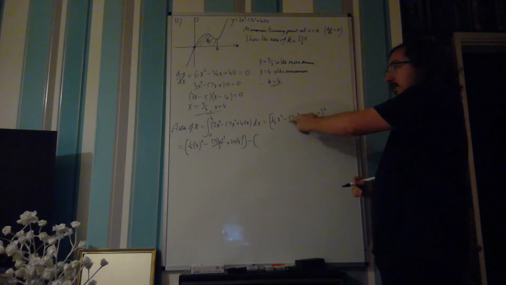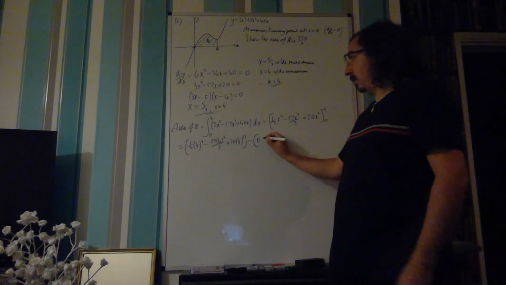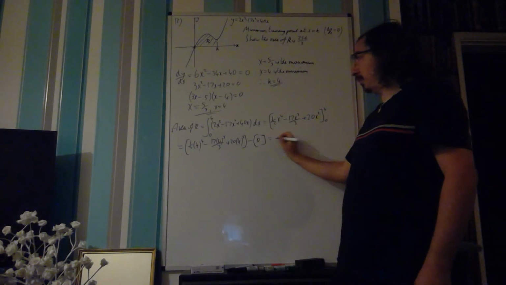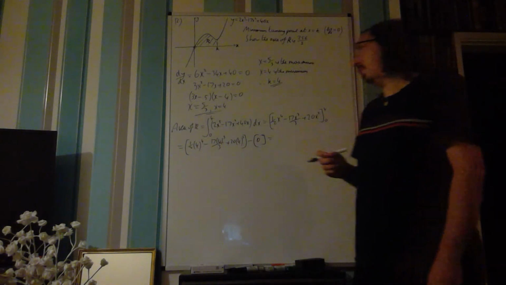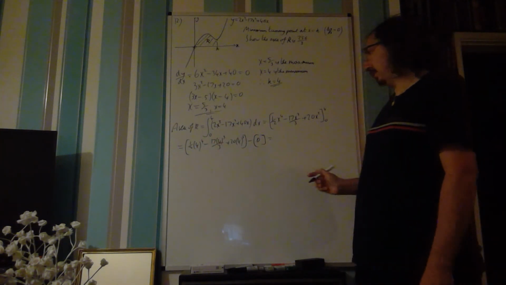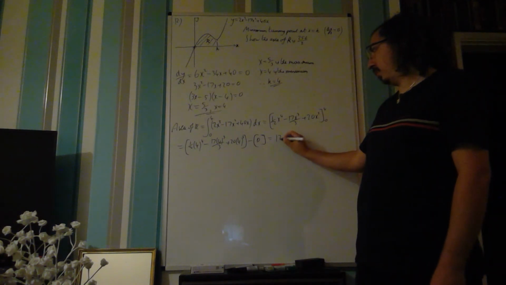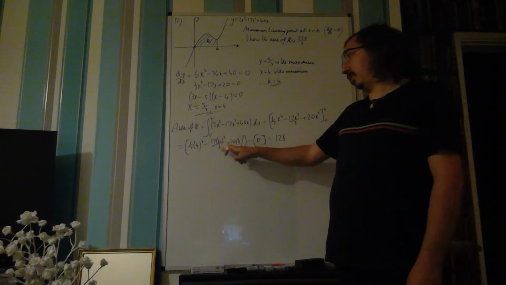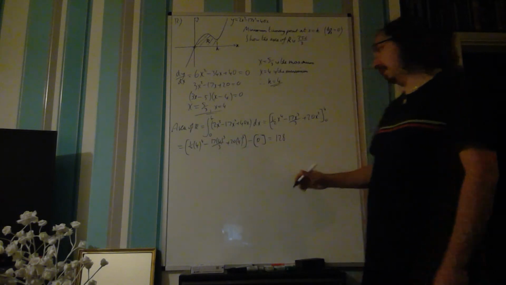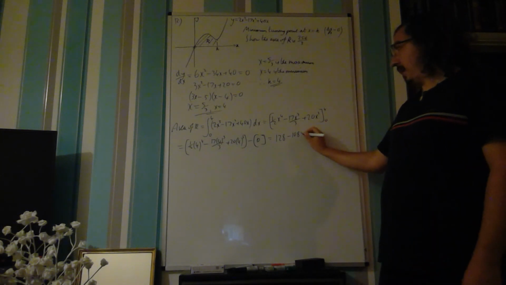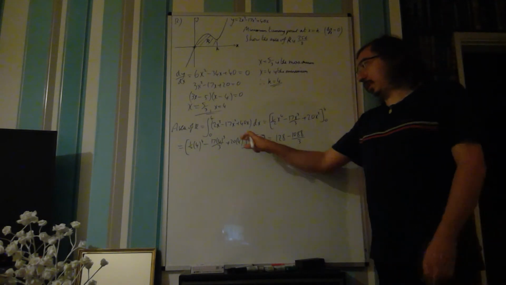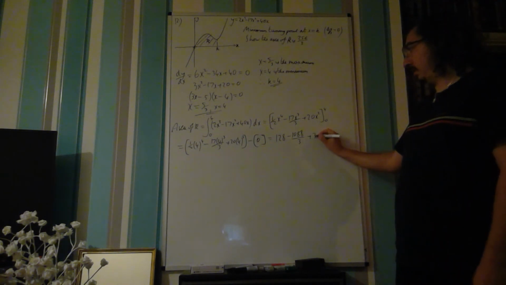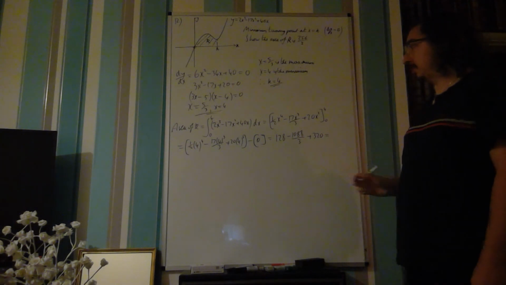Because all of these terms have x in, that one's a nice easy one, we can put 0 there. 4 to the power of 4 is 256 times a half, 128. 4 cubed is 64 times the minus 17 over 3, minus 1088 over 3. 4 squared is 16 times the 20, plus 320.